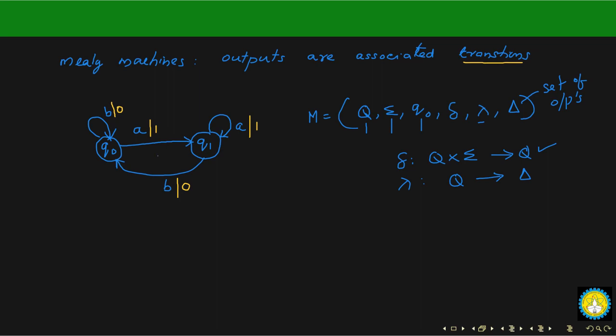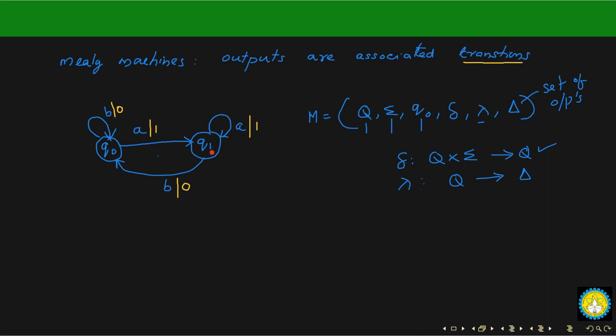Now, if you look at the Mealy machine in this diagram, you can see that on getting B's, you are outputting zeros, while on getting A's, you are outputting ones. If you look at Q0, on getting a B, your output is 0. On getting an A, your output is 1. Then you're at Q1, and from Q1, if you're getting an A, again you're generating an output of 1.